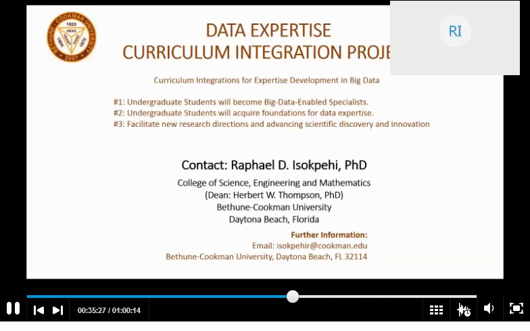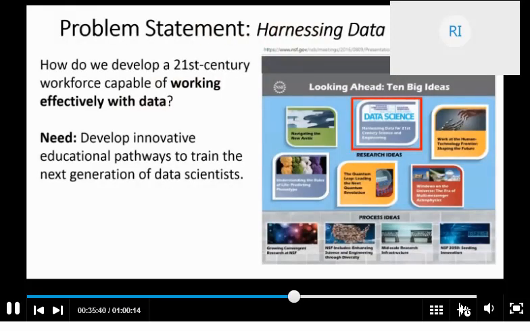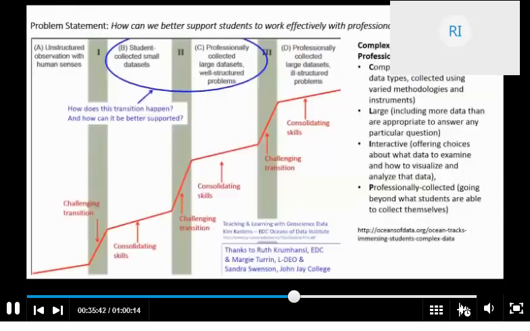They don't have to have a new program or pay for additional concentrations, because at times that also becomes a financial aid issue. So we are focusing on harnessing data, and there are some challenges when teaching students how to work with professionally collected data sets.